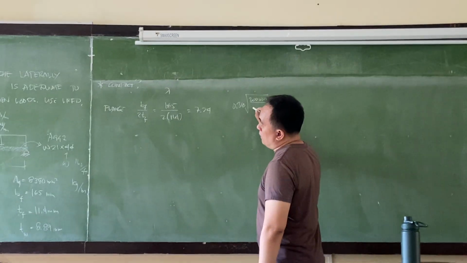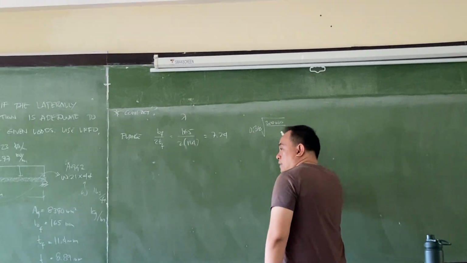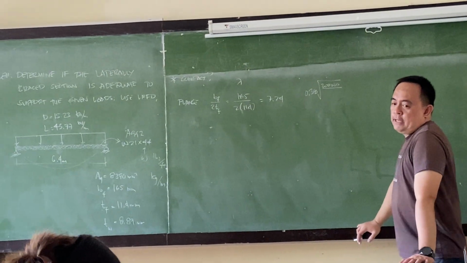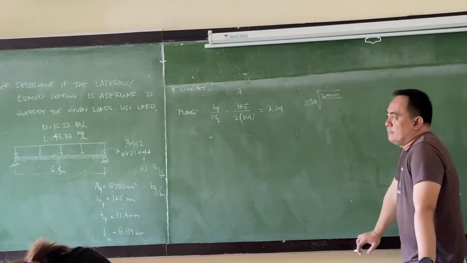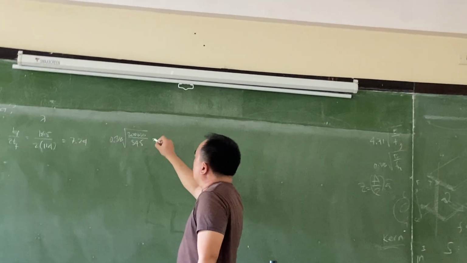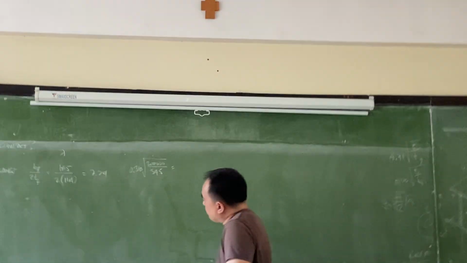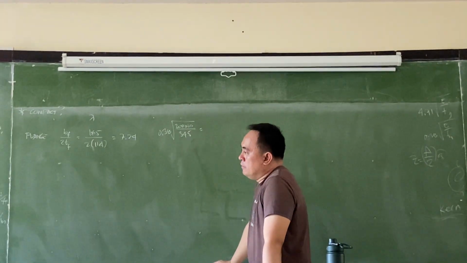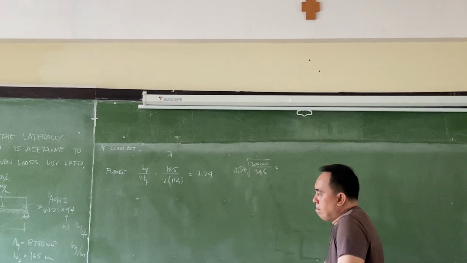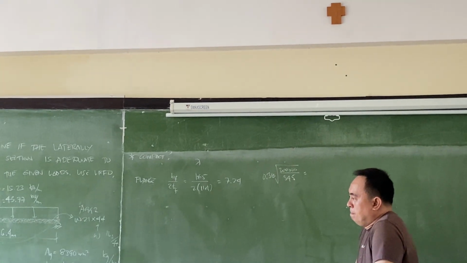What's the value of E? 200,000. And Fy? 345. Good. That equals 9.50.